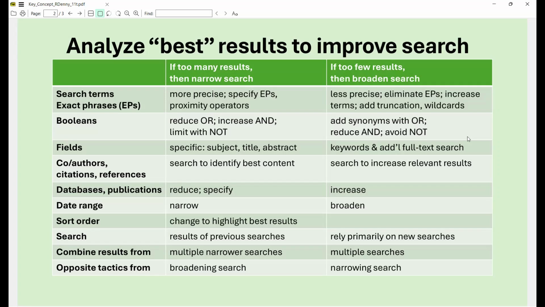The fields we're looking at here are less specific than in the previous case. So, for example, keyword fields or keywords against all fields. And we might do additional full text searches, making sure that they are additional searches, that we're not reducing the universe by using full text.